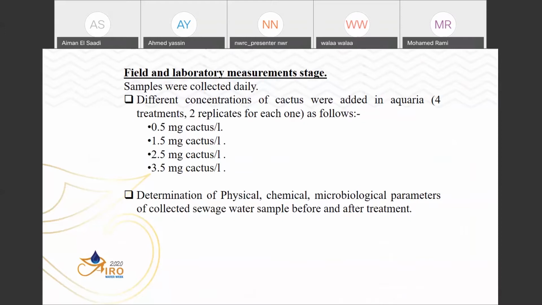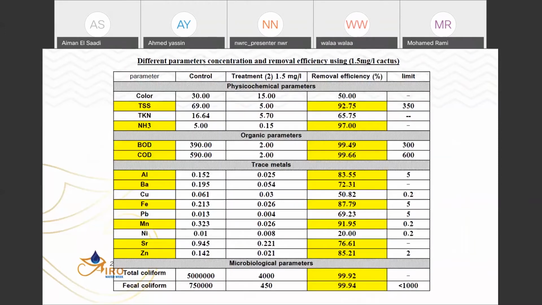We measured physical, chemical, and microbiological parameters of the collected sewage water samples before and after treatment. As we show, for the different parameter concentrations and removal efficiencies, 1.5 milligram per liter of cactus is the optimum, with the maximum removal efficiency of all parameters.